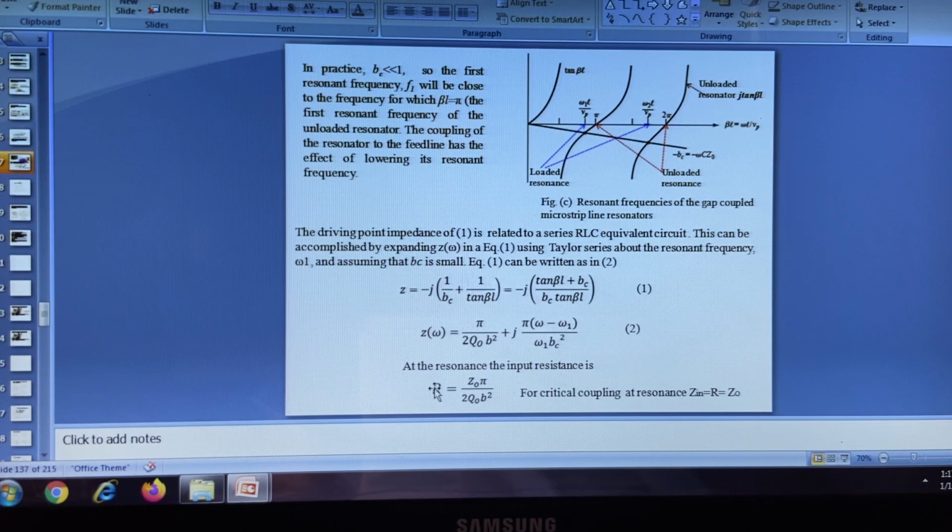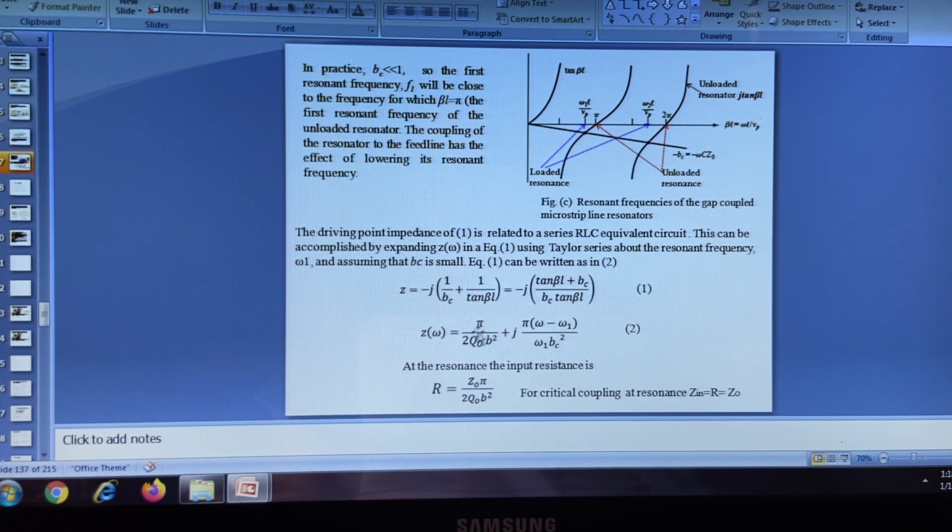That is unnormalized, this is a normalized value of resistance. So the driving point input impedance is given by this equation at the first resonant frequency. This is the resistance part of this input impedance. So at resonance, the resistance value is given by this.